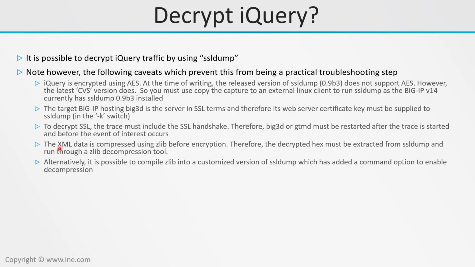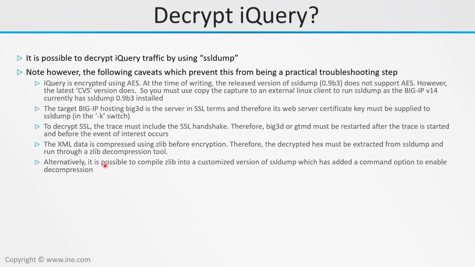Okay, and now say we've decrypted that data successfully with that ssldump. Well, the XML data is actually compressed with zlib before it's encrypted. So in order to decrypt, we have to extract the information from ssldump and run it through a decompression tool. It's possible to compile zlib into the ssldump that you're running to make it a little quicker for that tail end.